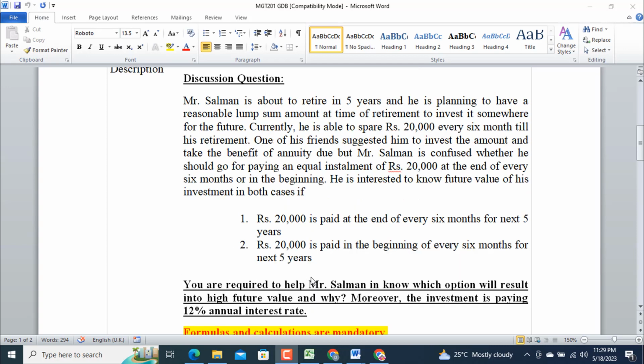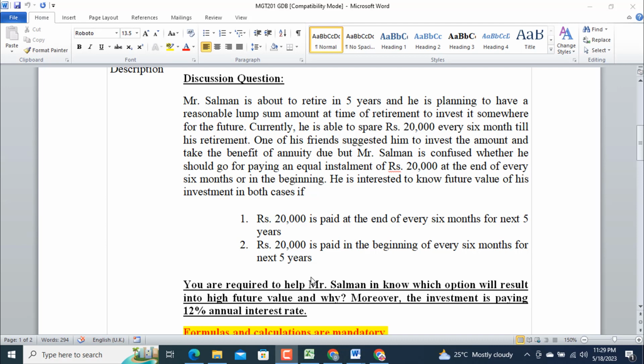The summary of the discussion question is that there is a person whose name is Mr. Salman and he is going to retire after 5 years. So he will have a reasonable lump sum amount at the time of retirement, and he wants to invest that amount somewhere in the future. Presently he has the ability to save ₹20,000 every 6 months till his retirement. He has discussed this idea with his friend, that he wants to invest his spare 20,000.